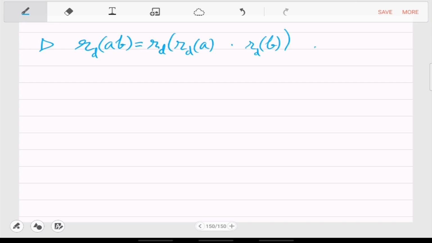So the remainder of AB, A times B, does not change if we first take the remainder of A and take the remainder of B, multiply and then take the remainder. Right? How do you show this? So, I mean, this division algorithm that we used in Euclid's method, what was happening there? So, remainder of A, you will write it as D times some quotient plus remainder.